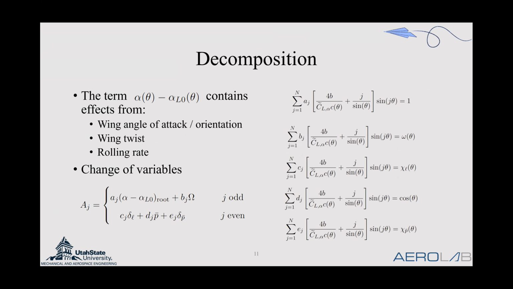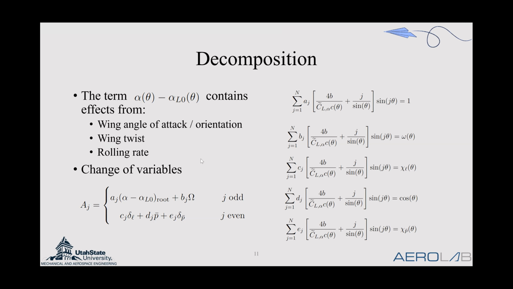Instead, we can decouple the effects from the orientation of our wing or the overall angle of attack from the wing twist and from the rolling rate of the aircraft. If we do that, all of the Fourier coefficients are decomposed into these smaller Fourier coefficients, which depend only on certain aspects of the geometry.